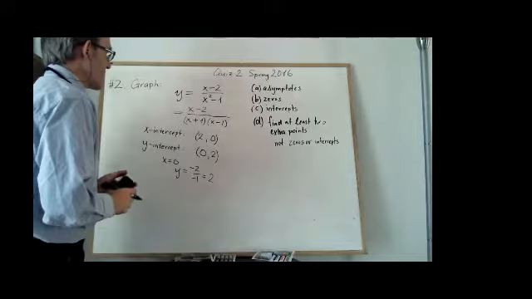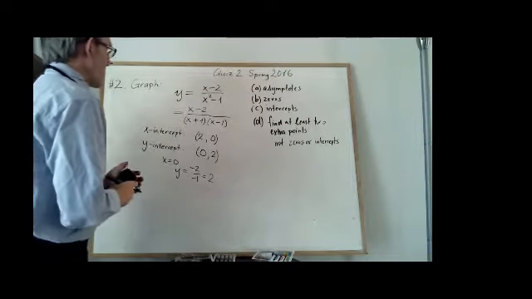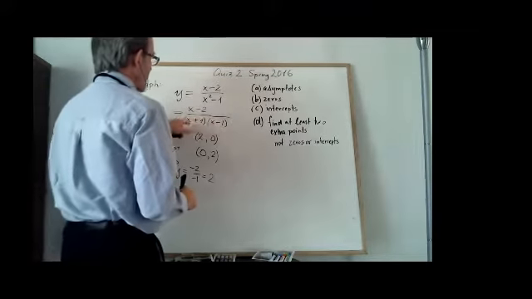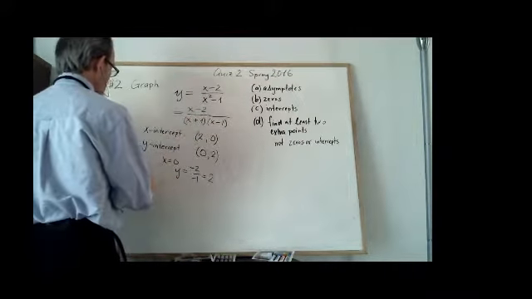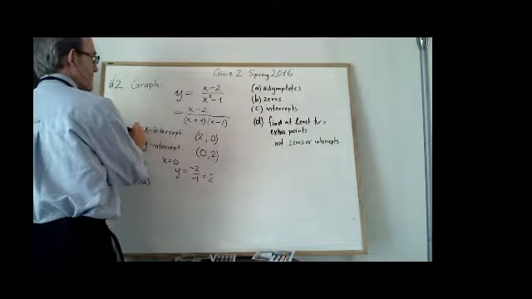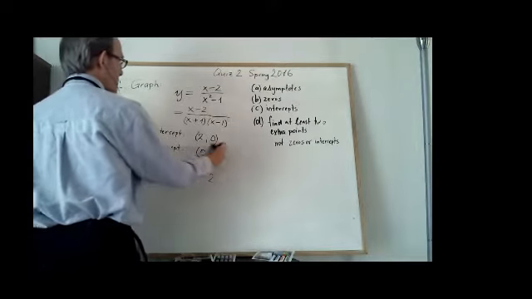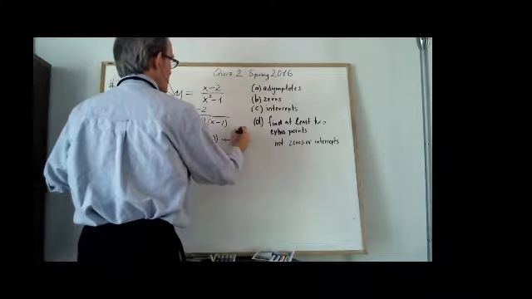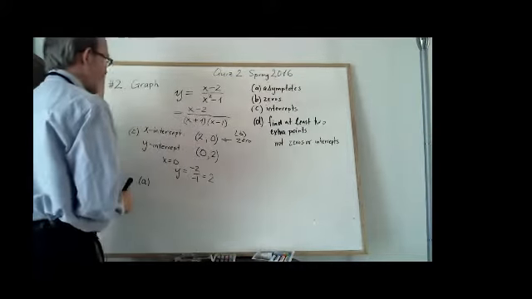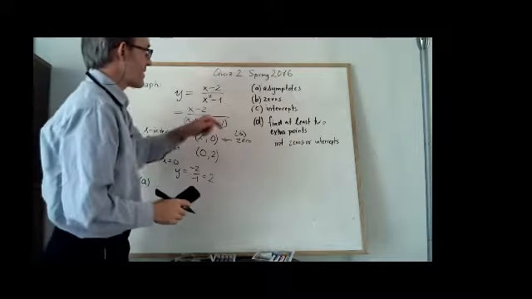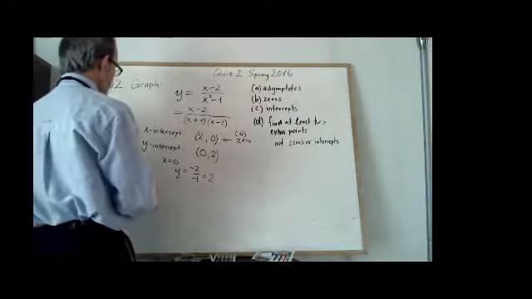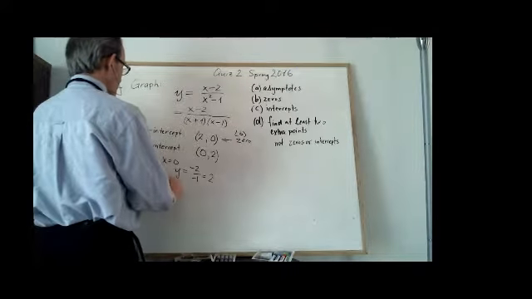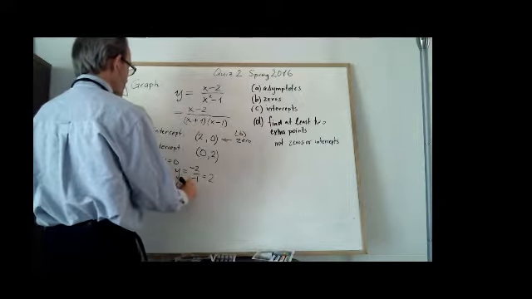So that's the y-intercept, (0, 2). The asymptotes are obtained by making the denominator equal to 0. By the way, these are also zeros of the denominator, and it's a class requirement to find all the zeros as well. The asymptotes are at x equals 1 and x equals minus 1.